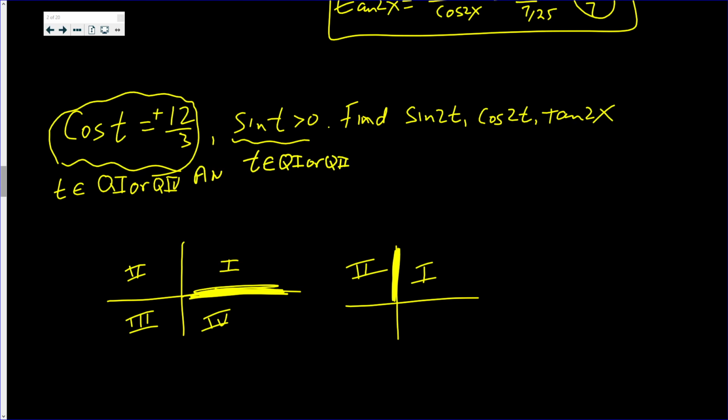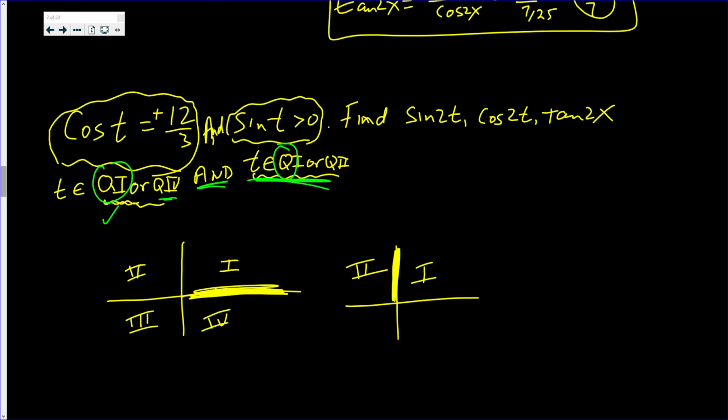But this is an and here. Both of these statements are true. If I tell you today you're in quadrant 1 or quadrant 4, and tomorrow I say you're either in 1 or 2, well, you're in 1. That's the common answer. If you're in 4, you satisfy this statement, but you didn't satisfy that statement.